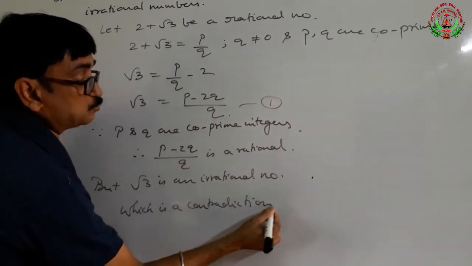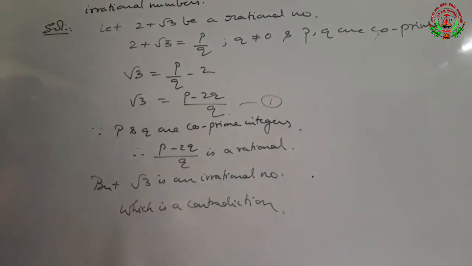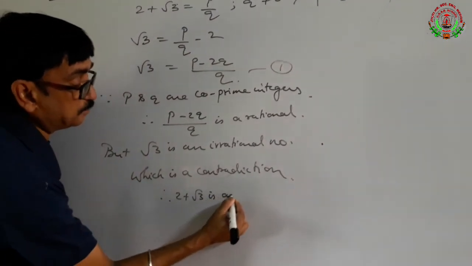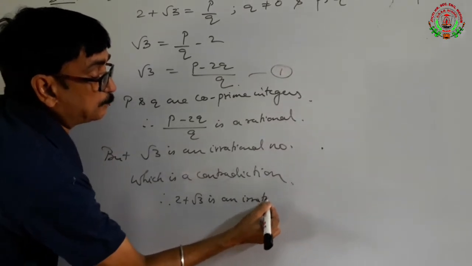Therefore, our assumption is wrong. So, therefore, 2 plus root 3 is an irrational number.